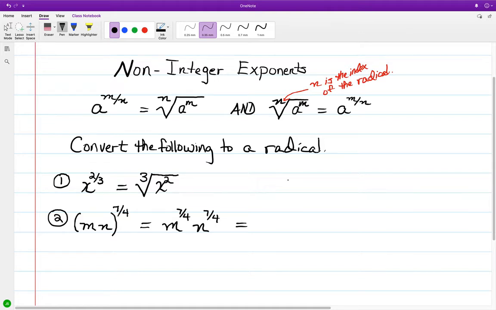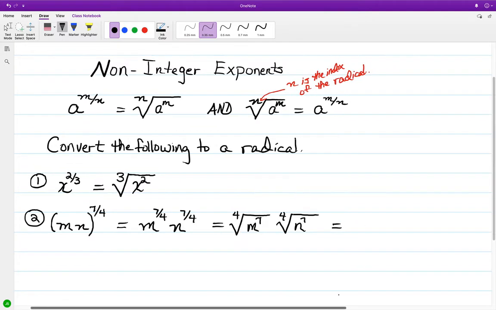So m to the 7/4 is the 4th root of m to the 7th, and n to the 7/4 is the 4th root of n to the 7th. Anytime you have like radicals, we can squeeze the terms together under the same index number.